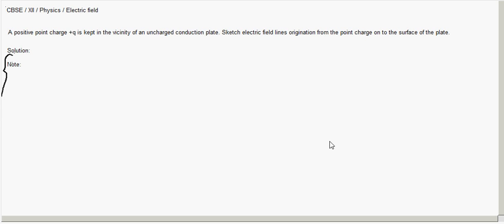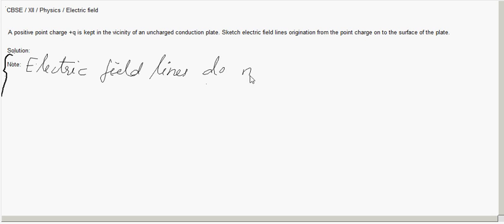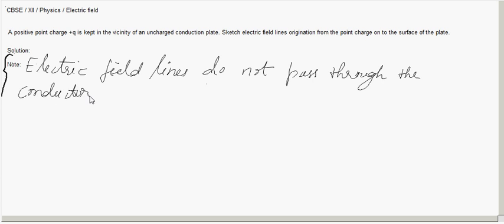The electric field lines do not pass through the conductor. When you have a conductor, the electric field lines will not pass through the conductor.